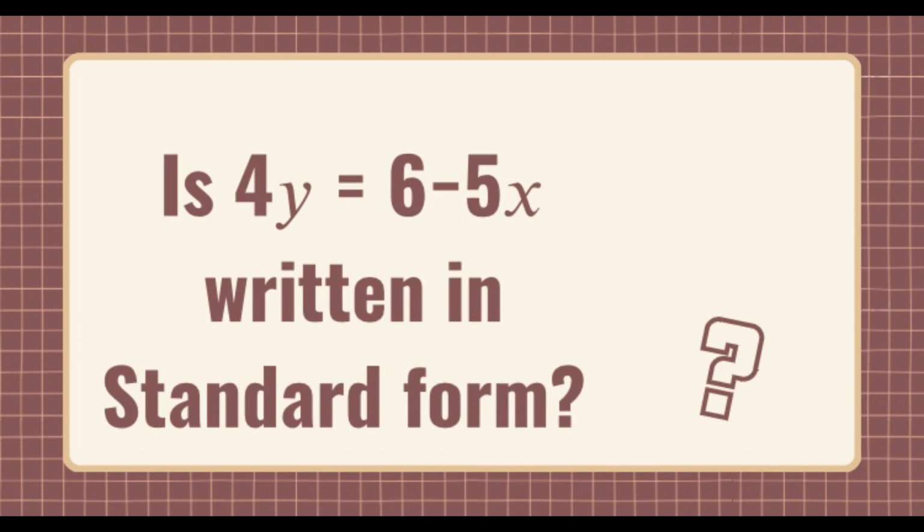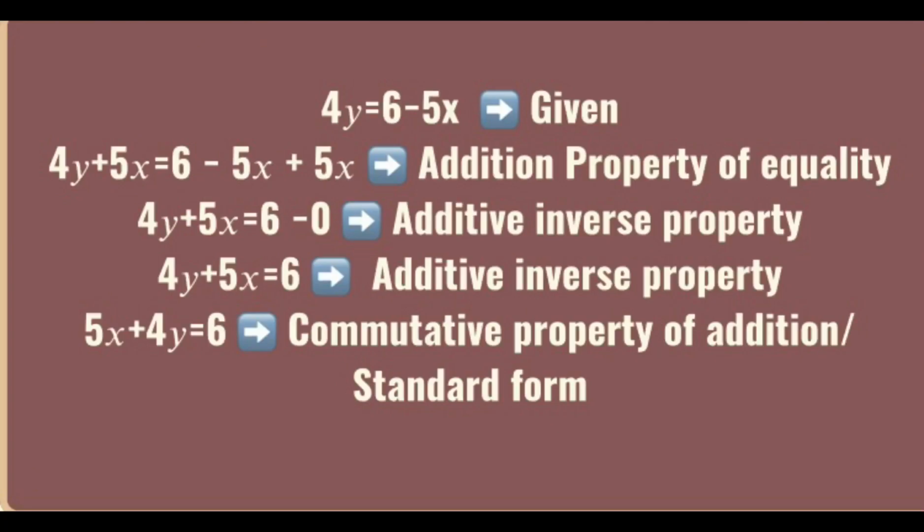Although the equation 4y = 6 - 5x is not in standard form because it is not written in the form ax + by = c, it can be transformed into standard form as follows. We have the given 4y = 6 - 5x. Use the additive inverse property or addition property of equality to add 5x to both sides of the equation, leading to our new equation 4y + 5x = 6.